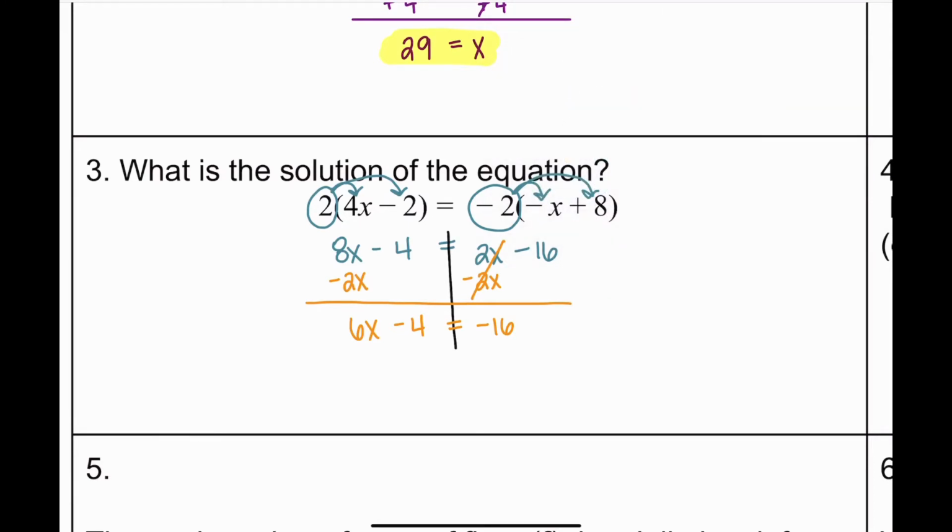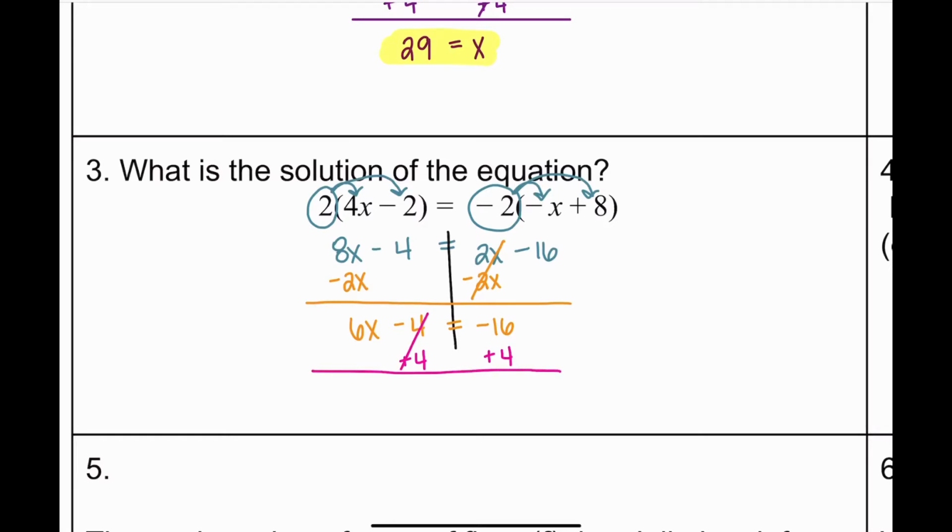Now we want the constants, or the plain numbers, on the same side of the equation. Our x is here on the left side of the equal sign, so we want to move the -4 away from it. The inverse of -4 is +4.